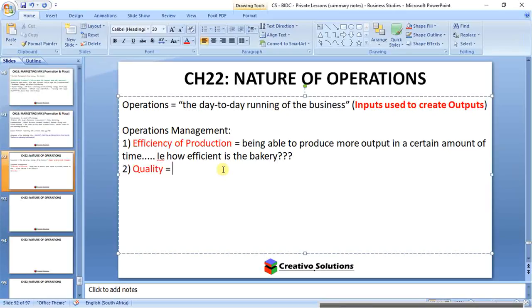So quality is how good is the finished product? That's what we're looking at. Obviously, we want higher quality rather than lower quality. So we want the best quality in the shortest amount of time.